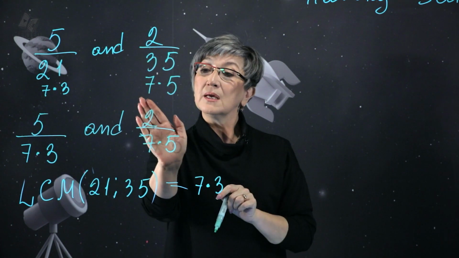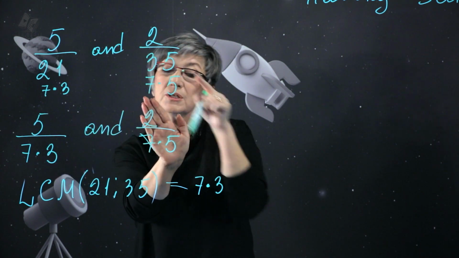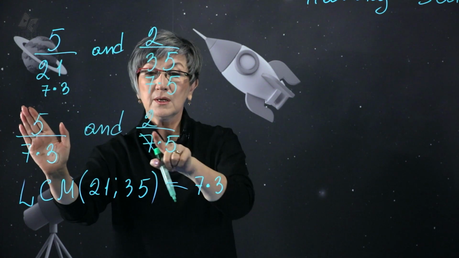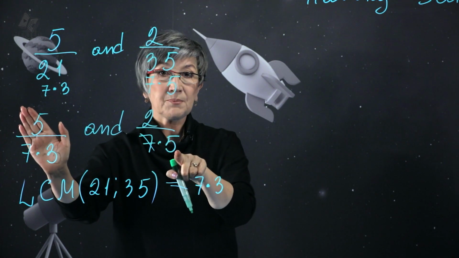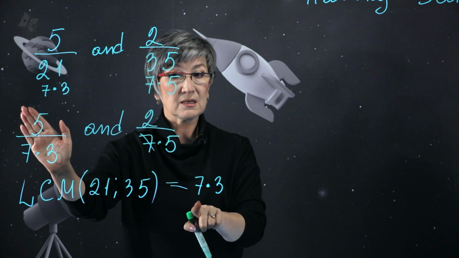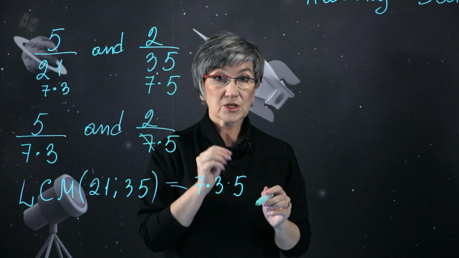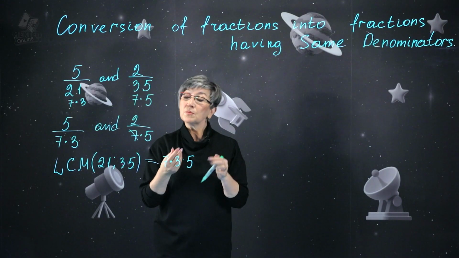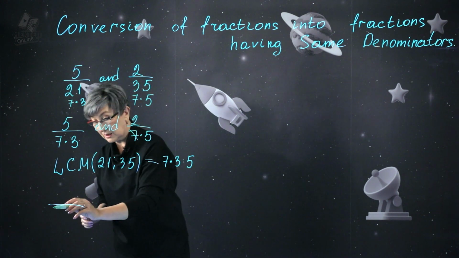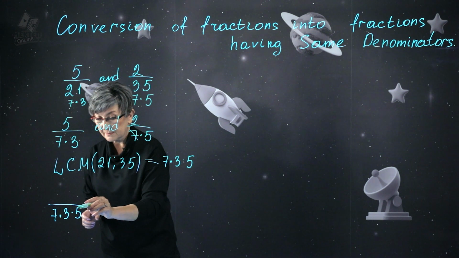I will write only 5. Closing the first fraction, I have a denominator of 7 times 3. Closing the second, I have 7 times 5, but I will not write the 7 again, only 5. So the common denominator will be 7 times 3 times 5, which is equal to 105.